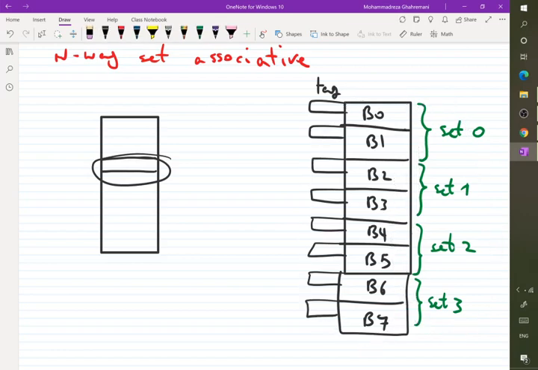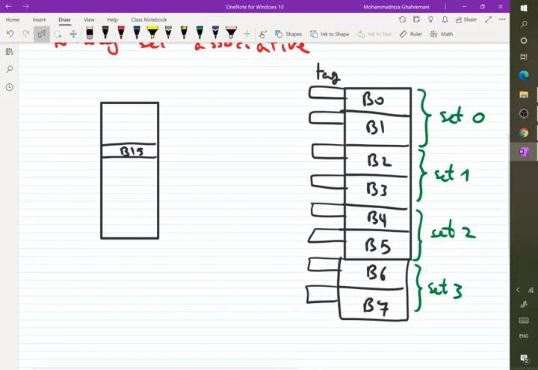Let's say it is block number 17. So we say block 17 modulo 3 is 2. Is it correct? 3 times 5 is 15 plus 2. So block 17 will be mapped to set number 2.